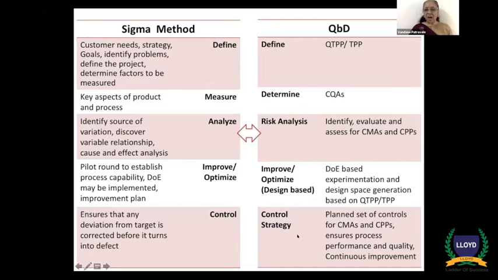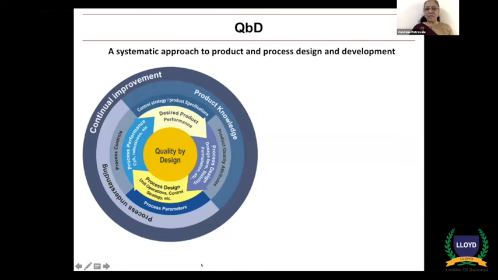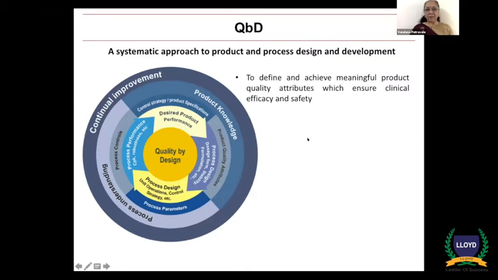So you have now planned a set of controls of the materials and the processes so that you can get the desired QTPP. And of course, go on working on it in a continuous manner. So what is QbD? It is nothing but a systematic approach to product and process design as well as development.